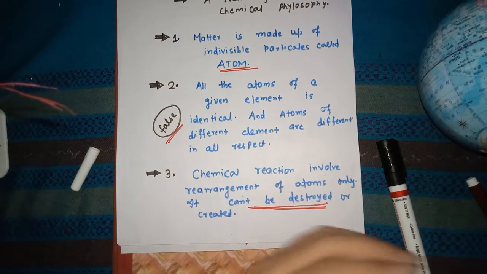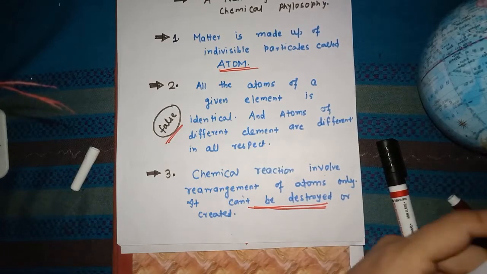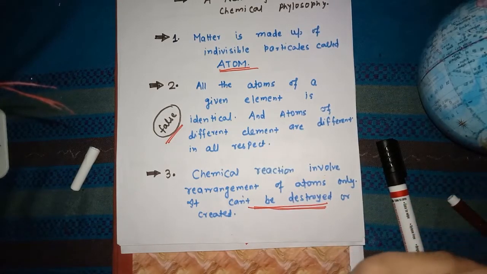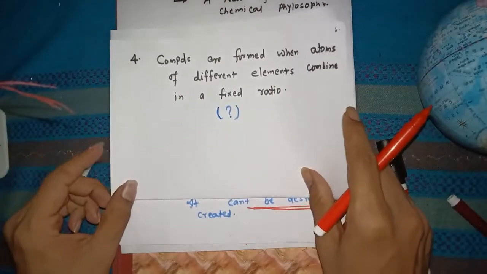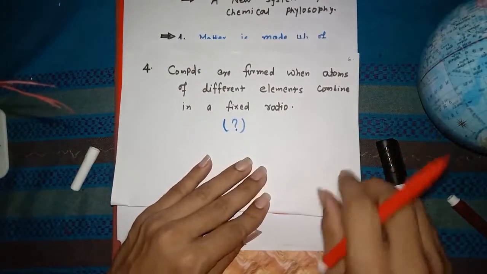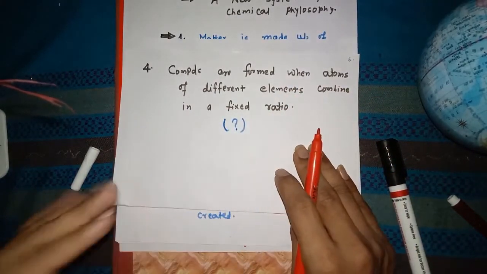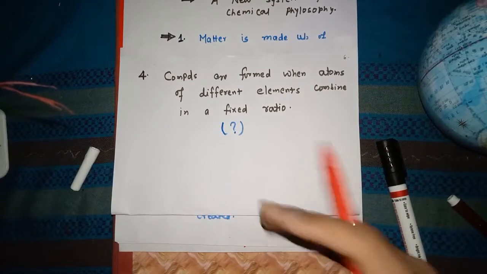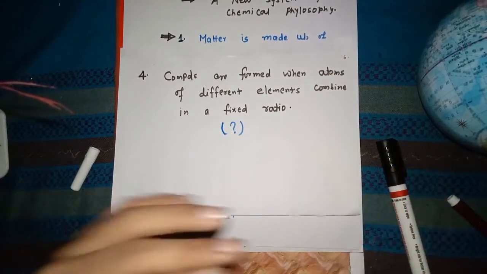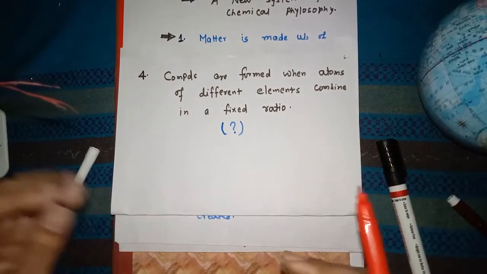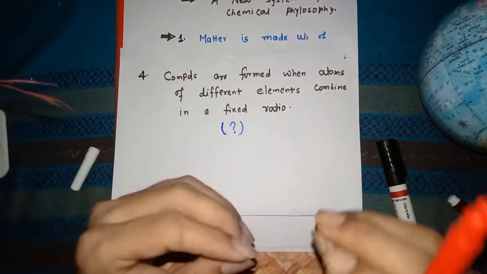Now the fourth and last hypothesis of Dalton is that compounds are formed when atoms of different elements combine in a fixed ratio. We have already studied that when compounds are formed, the atoms of different elements combine in a simple whole-number ratio.